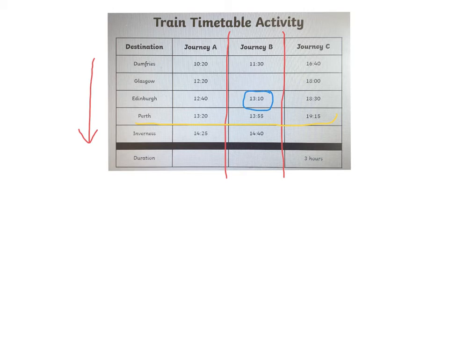Then we could look at journey B. Journey B gets us there at 5 to 2. So it's not long after 1:30, but it's still afterwards, so that is also too late. And then journey A gets us there for 20 past 1, which is obviously 10 minutes before 1:30.